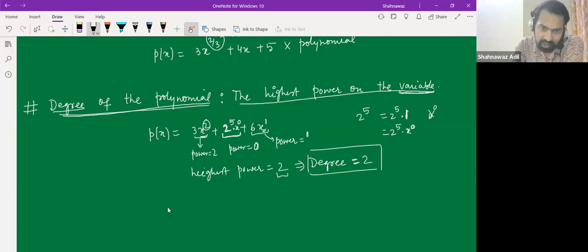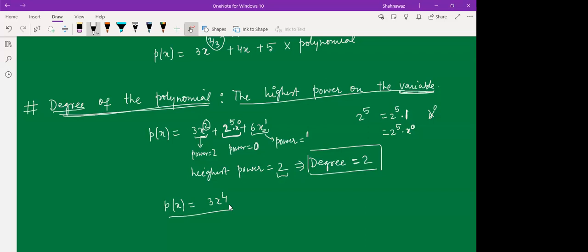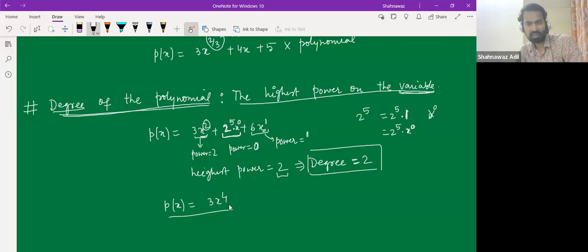And let's say if I write a polynomial like this, 3x to the power 4. Okay. So how many terms does this polynomial contain? Only one term, right? So this is a monomial.